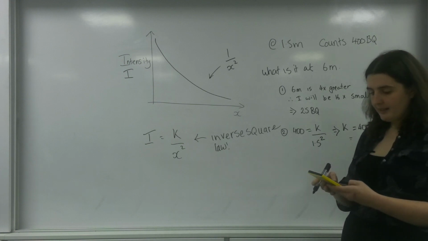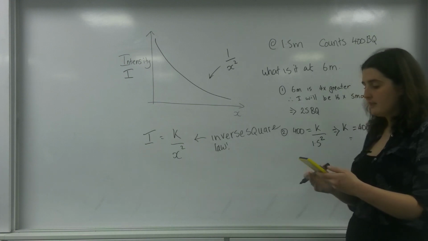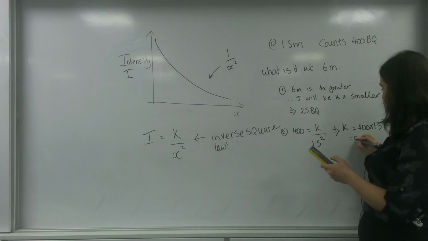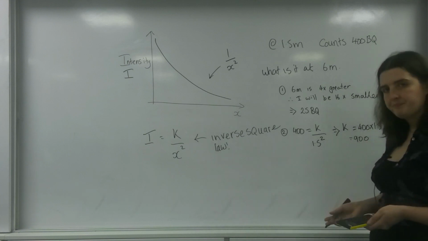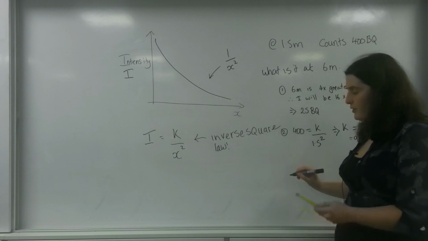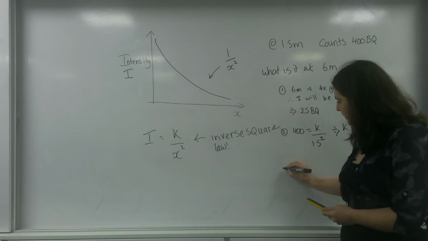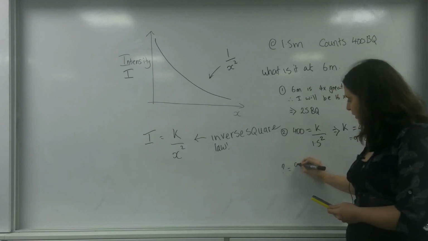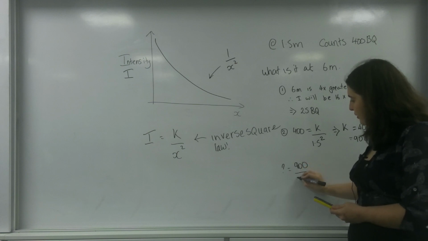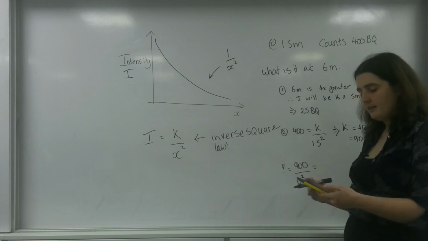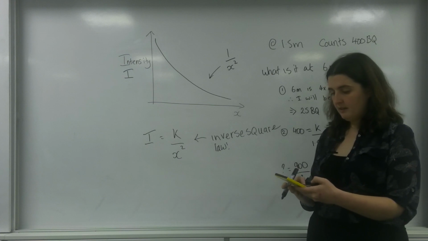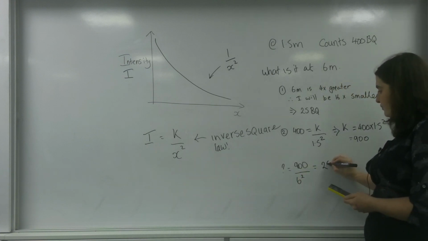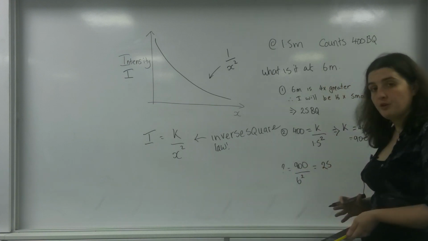So I'm just going to put that into my calculator, times 1.5 squared, and that equals 900. I'm now going to use my formula. I'm going to have something equals 900 divided by 6 squared, and I get 25. Exactly what you would expect.